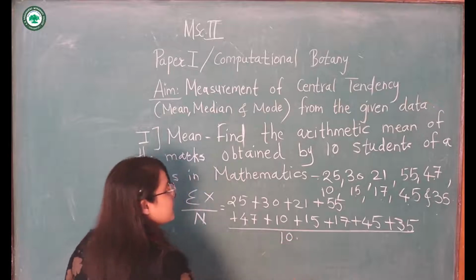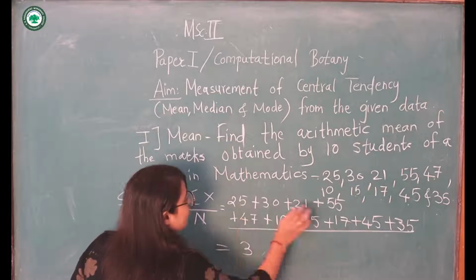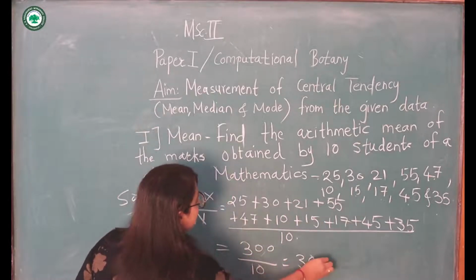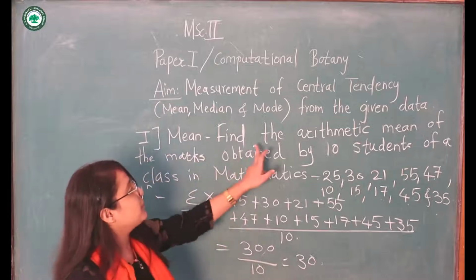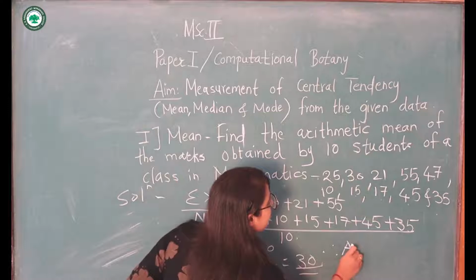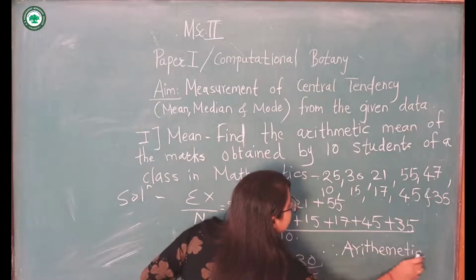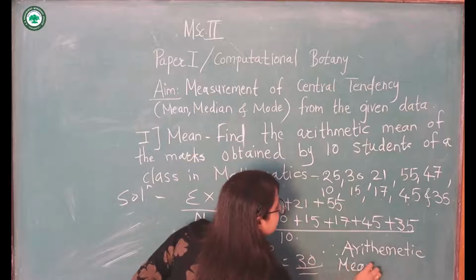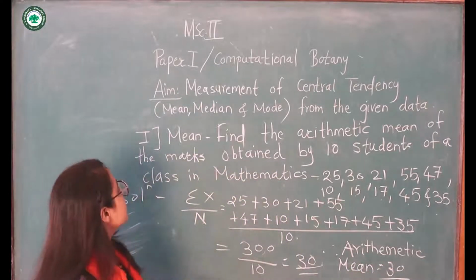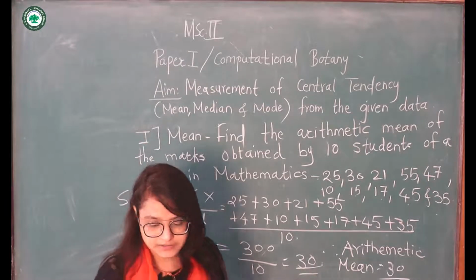So divide by 10. The total becomes 300, and 300 divided by 10 is equal to 30. So the arithmetic mean is 30. This was about ungrouped data. Now we'll see an example of grouped data.